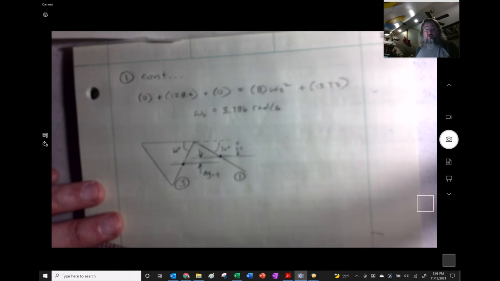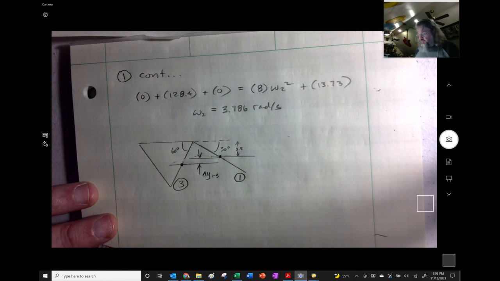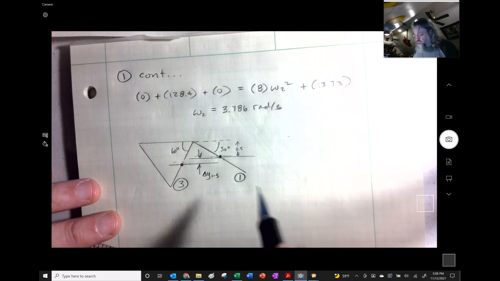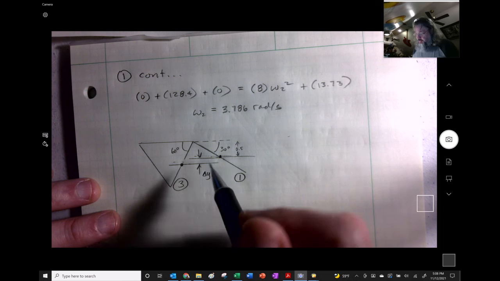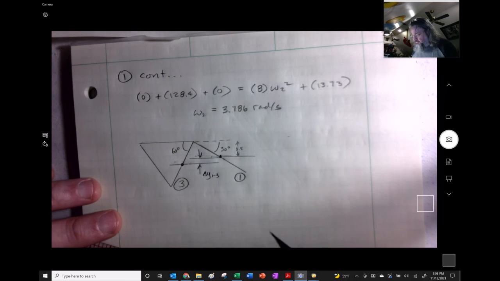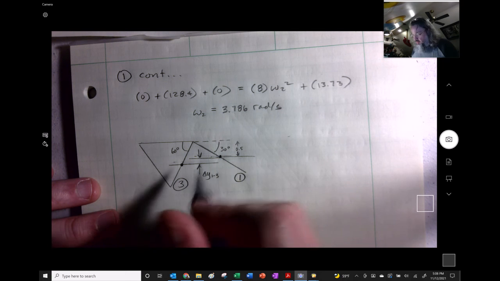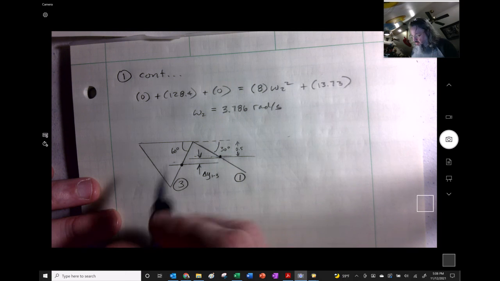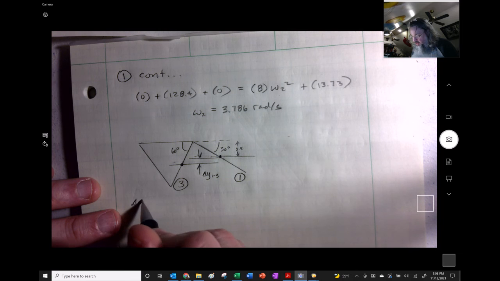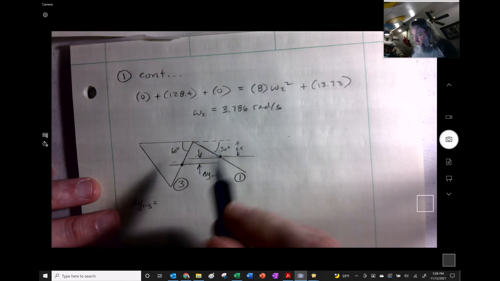Come on, focus. Okay. All right, so delta y 1 to 3.